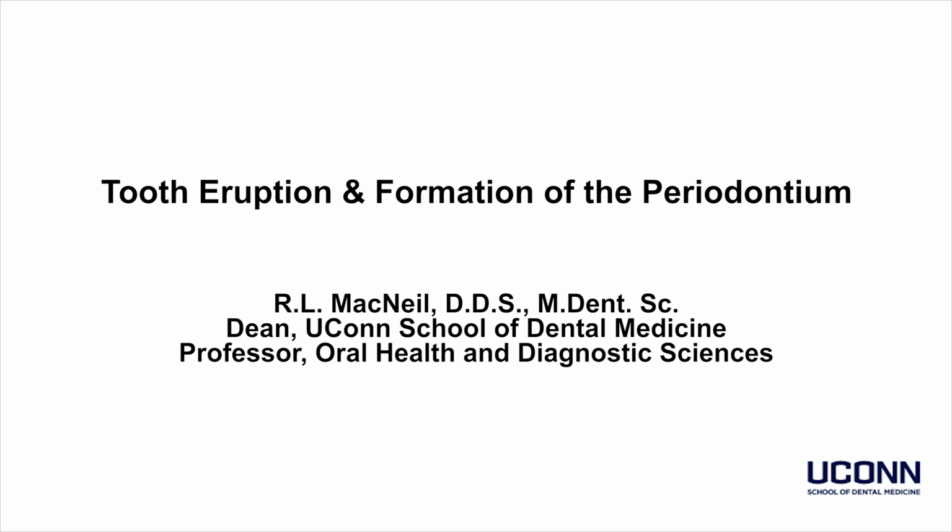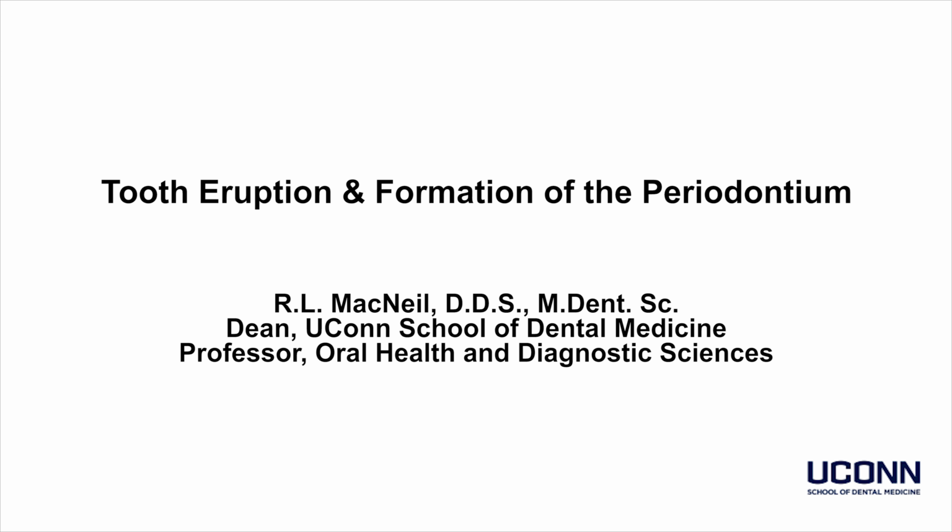First, in humans, there are two cycles of eruption, one involving the primary or the initial deciduous teeth, ranging from about 6 months of age to about 2.5 years of age, and then the more extended cycle involving eruption of the secondary or permanent teeth.